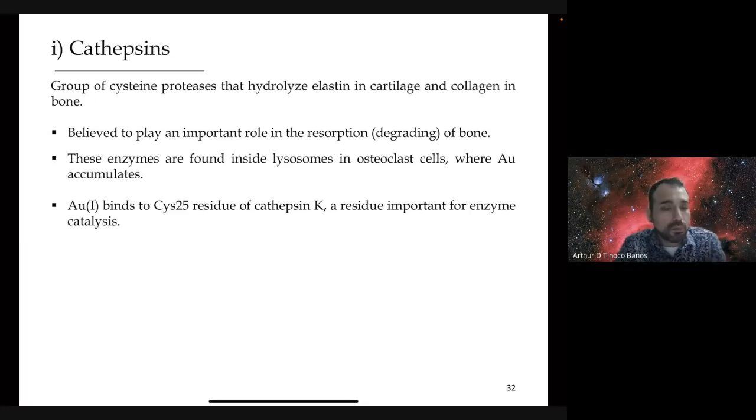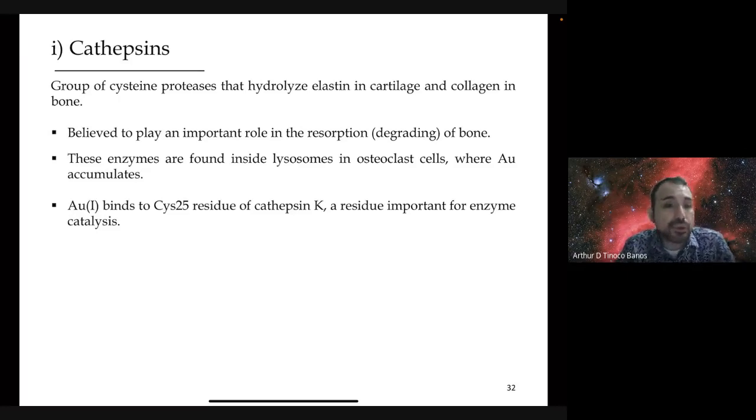One example of a target is the cathepsins. These are a group of cysteine proteases that hydrolyze elastin in cartilage and collagen in bone, believed to play an important role in the resorption, degrading of bone. These enzymes are found inside lysosomes in osteoclast cells where gold accumulates.